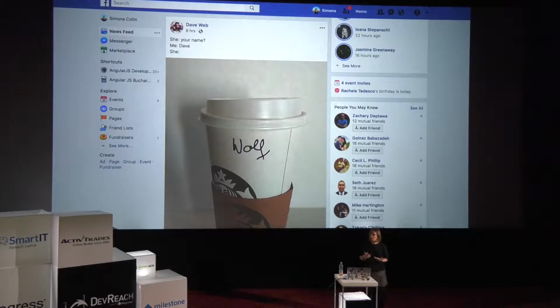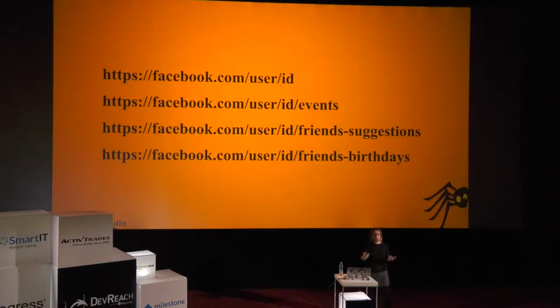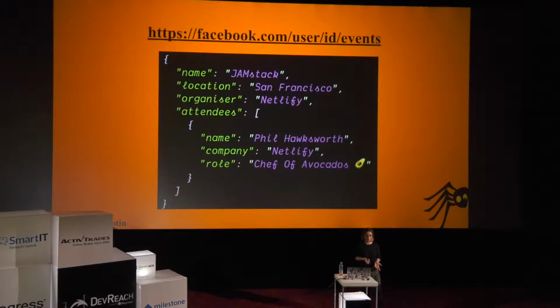And if we were to think from a REST perspective, what kind of requests would we have to create? Maybe we'd have to retrieve the user information based on the ID that we retrieved when we logged in, as well as the event suggestions, friend suggestions, and friends' birthdays. And in a RESTful manner, when we are retrieving events information, we would be retrieving all this information.